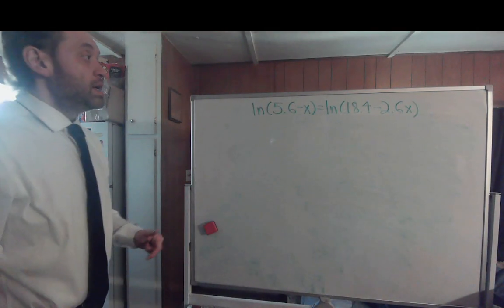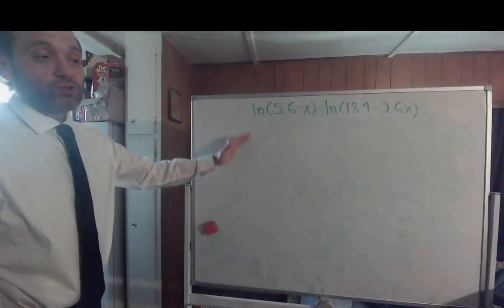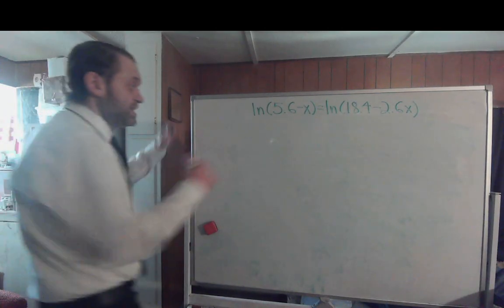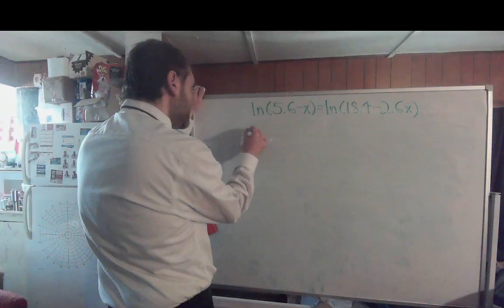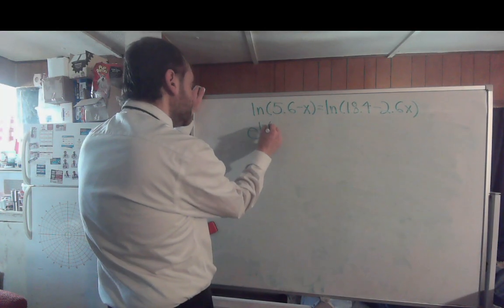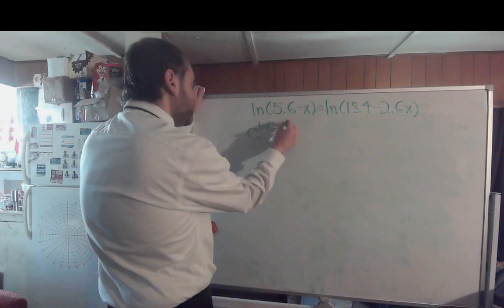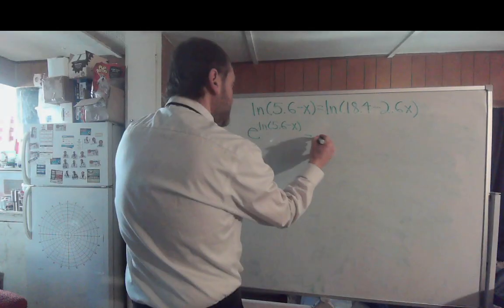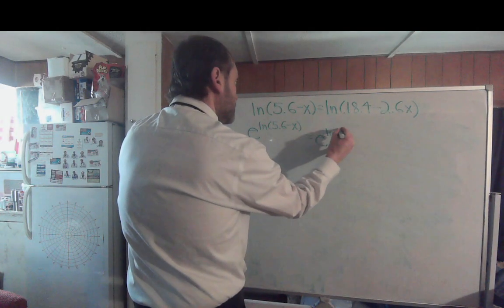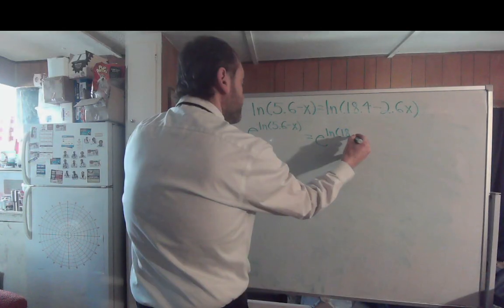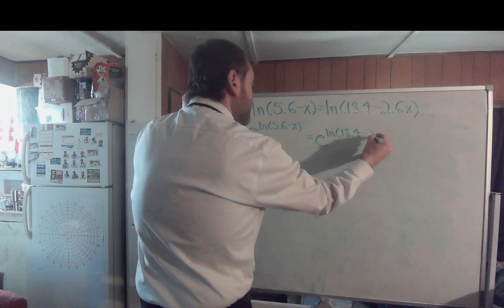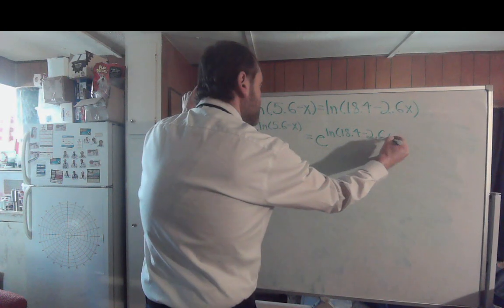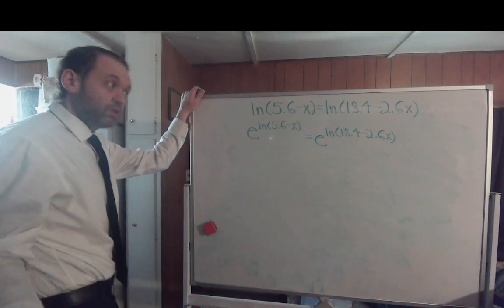Well, good news is they're both natural logs on both sides, so you're just going to take e to the power of both sides. So e to the natural log of 5.6 minus x would equal e to the natural log of 18.4 minus 2.6x, which now your logs cancel out.